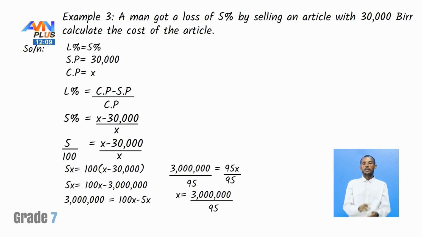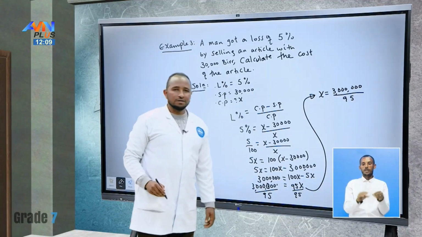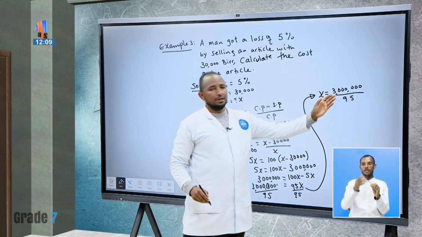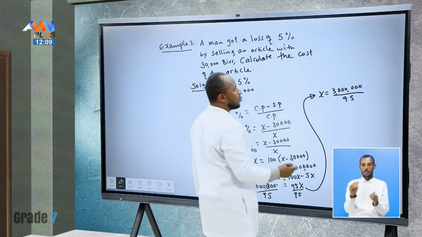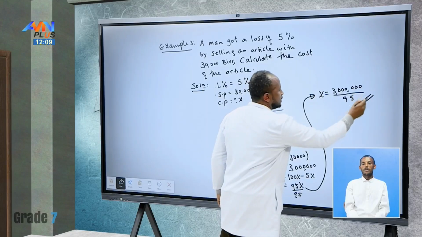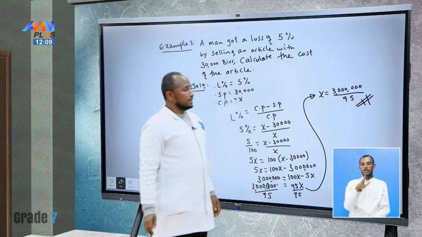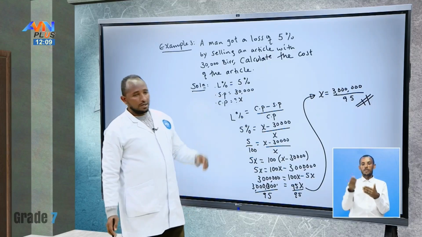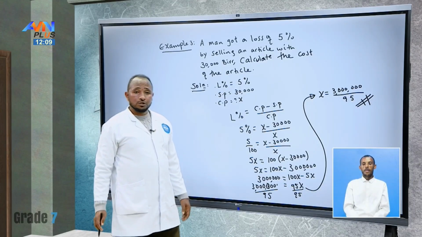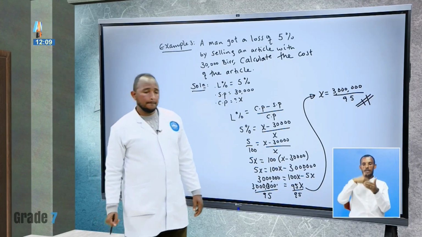This will be the answer. Please, students, just divide this 3 million by 95 at home. But I'll leave the answer in this form. So the cost price is 3 million divided by 95, the cost price of this article. So I'll proceed to the next example.